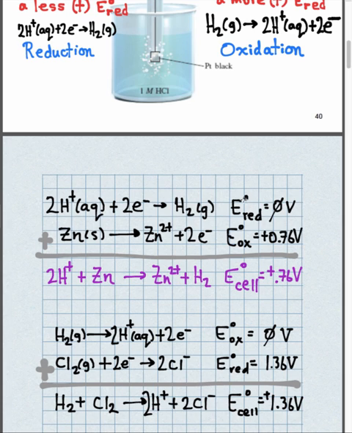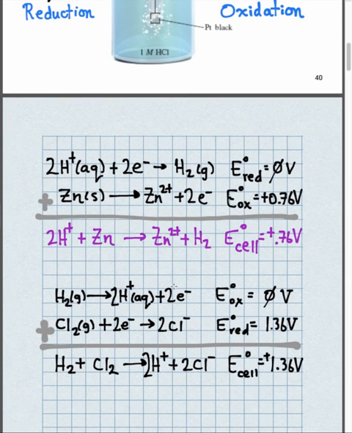The E naught of reduction for that is 0. The E naught of reduction for this backwards equation is negative 0.76. But negative 0.76 is less than 0, less positive than 0. So we end up switching the zinc 2 plus plus 2 electrons gives zinc solid, backwards, to do the backwards.